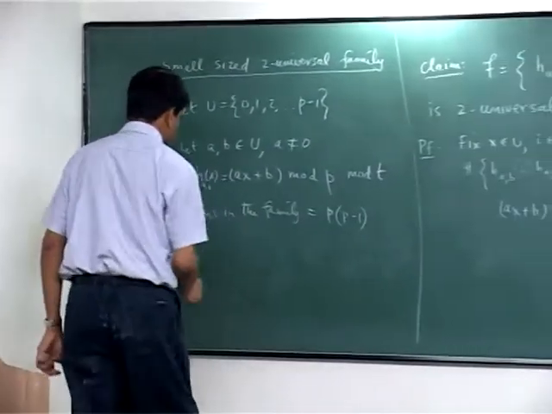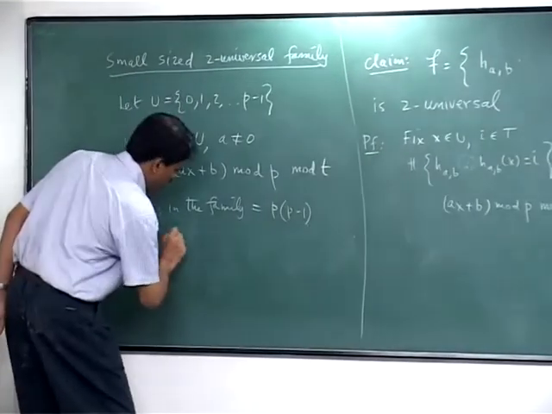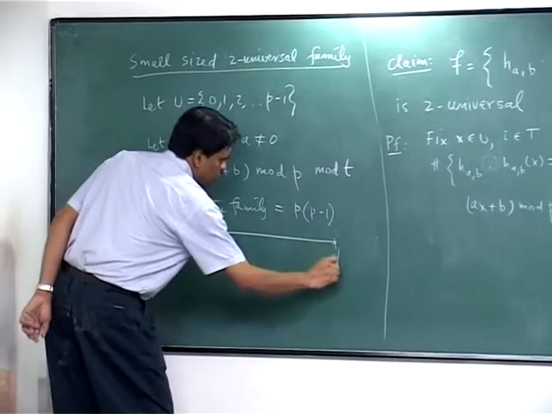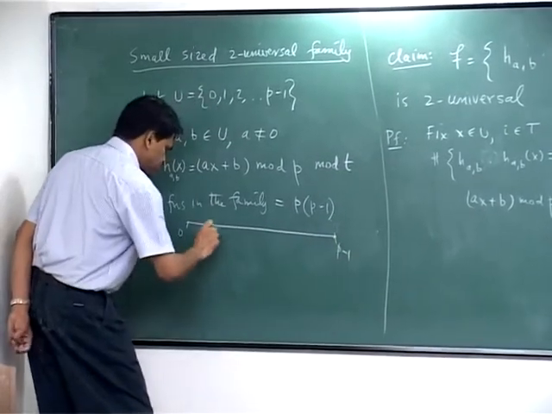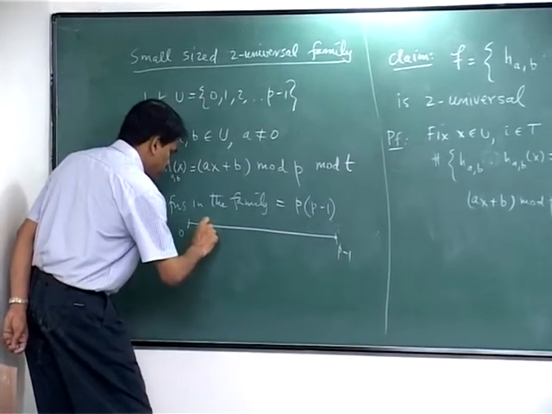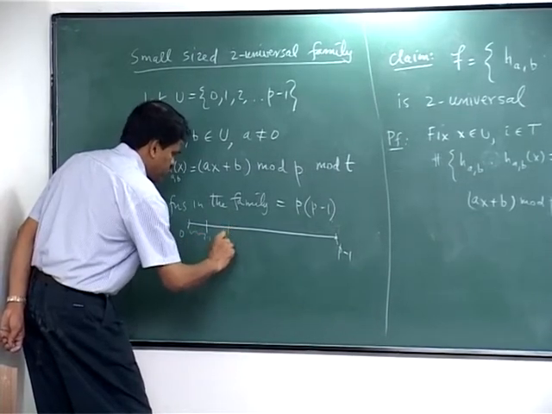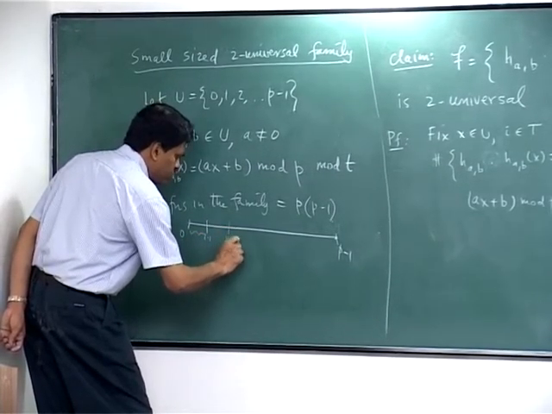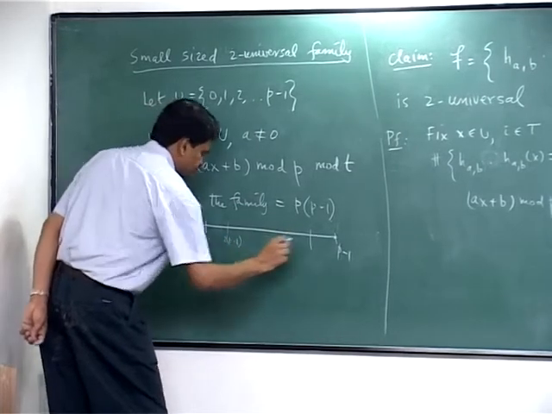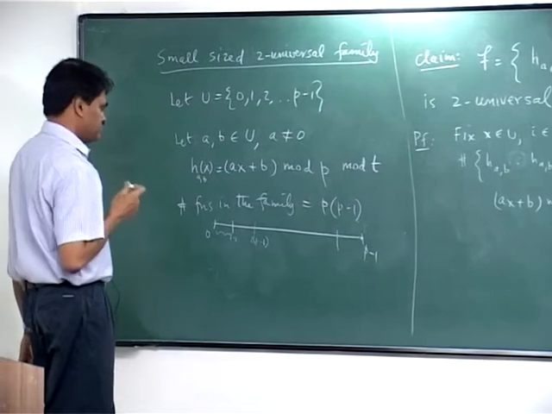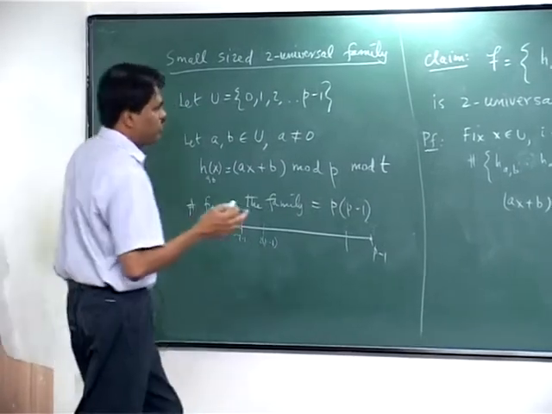The way to think about this, you have your universe 0 to t minus 1. When I do mod t, this is t minus 1, 2 into t minus 1, and so on. So what do I want to show?